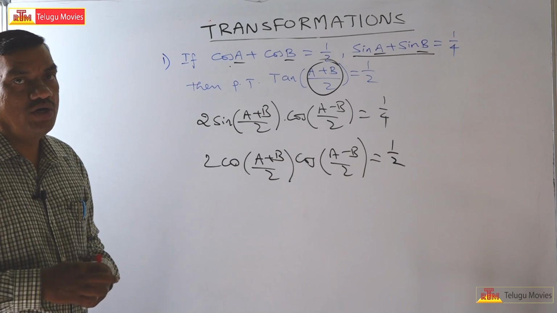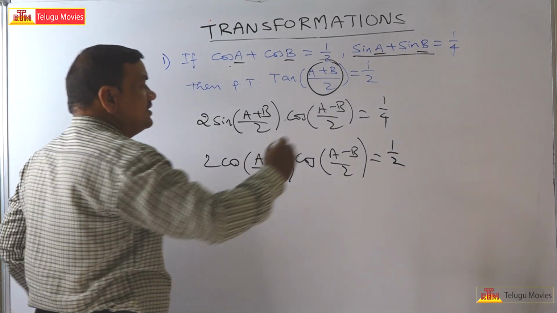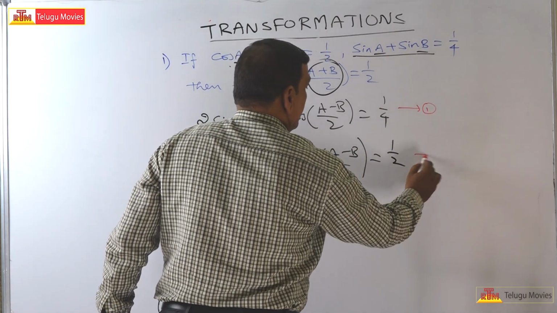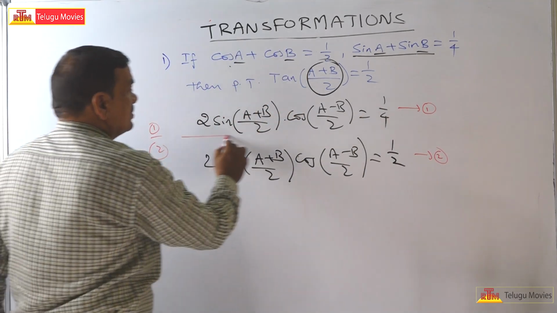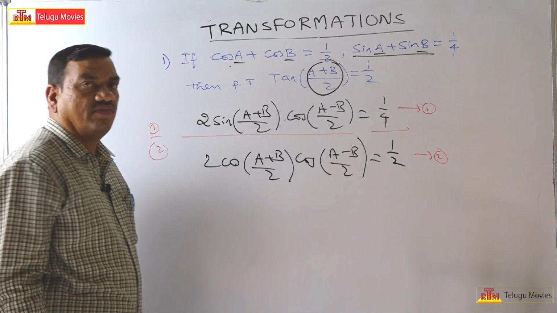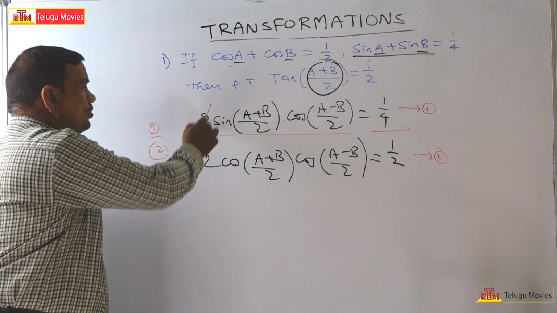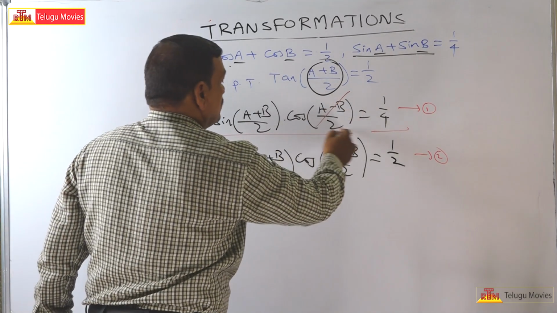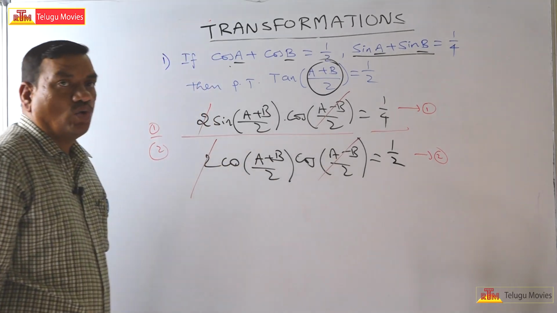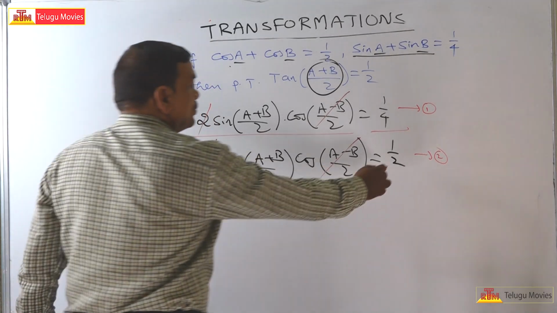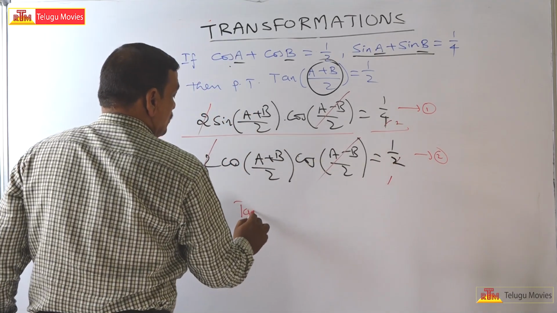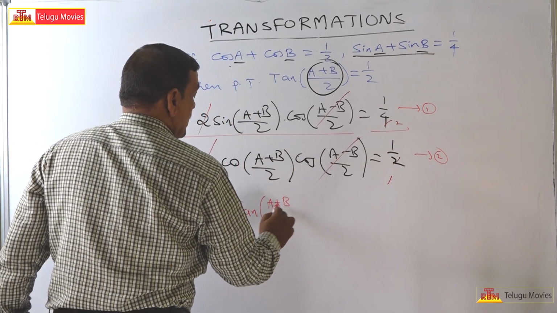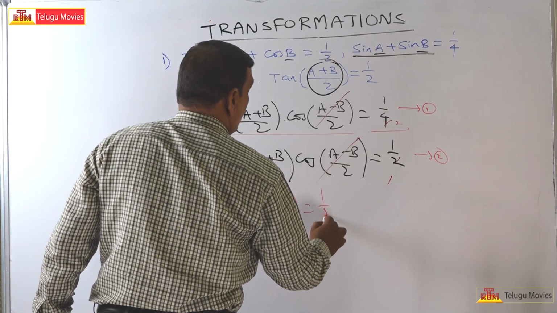Now what I am going to do is divide the first equation by the second equation. Very easy. The 2s get cancelled, cos of (A minus B) by 2 cancels, so sin by cos, this is tan of (A plus B) by 2, is equal to 1 upon 2.